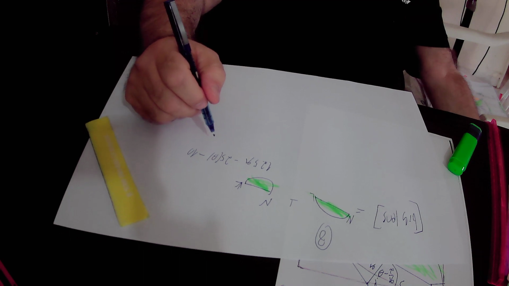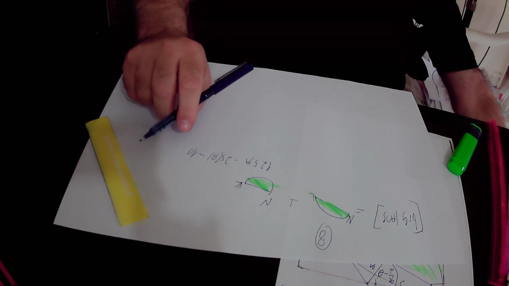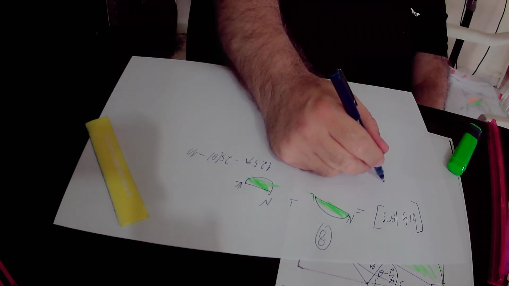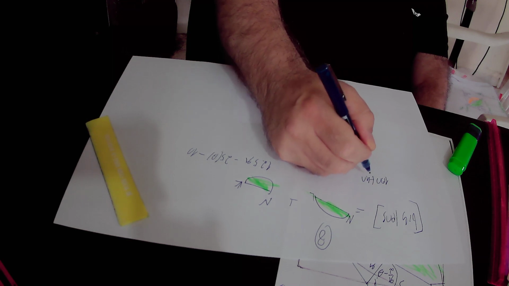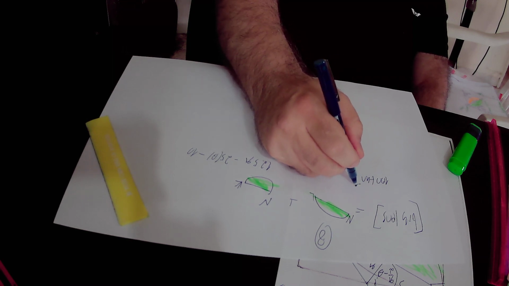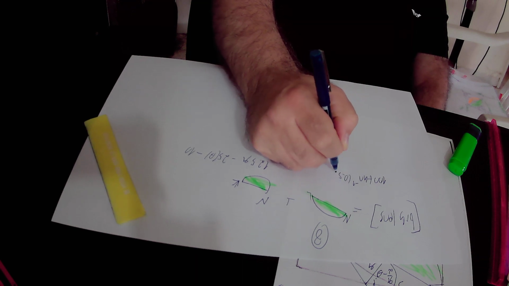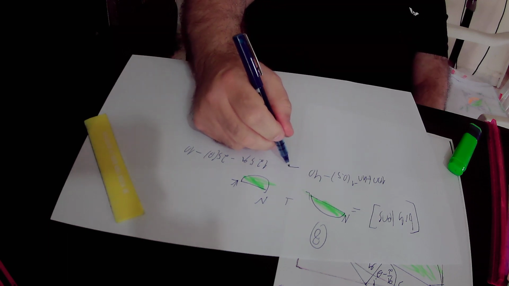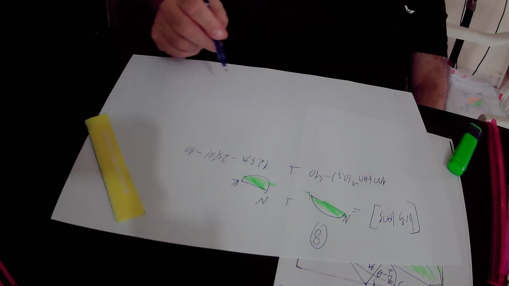And the area of the upper circular segment NL equals 100 times tangent minus 1 of 0.5 minus 40. So we'll add the areas of the two circular segments together and we'll get the area of the big lens.